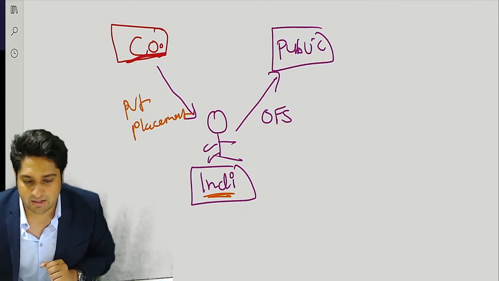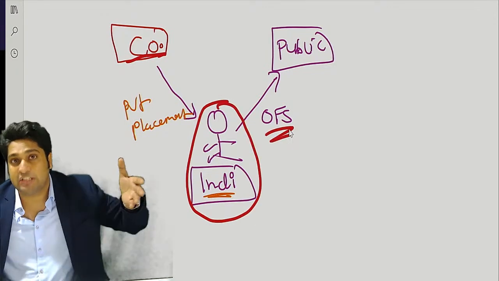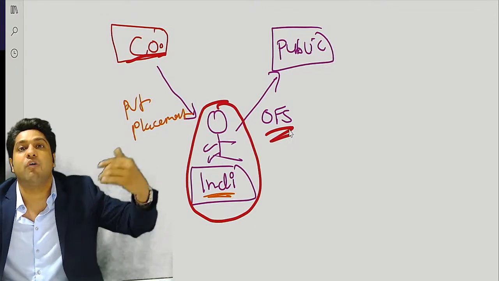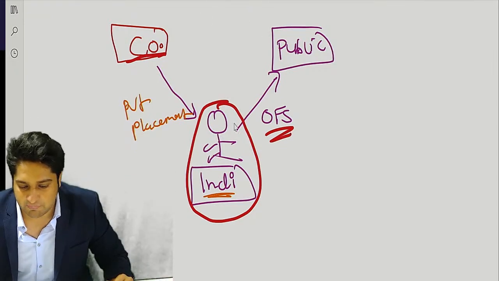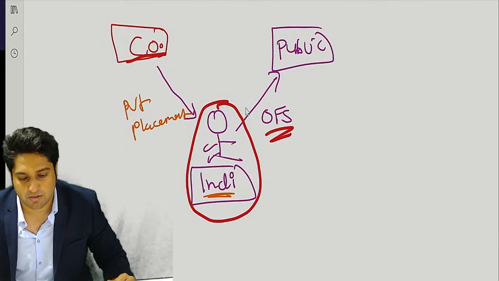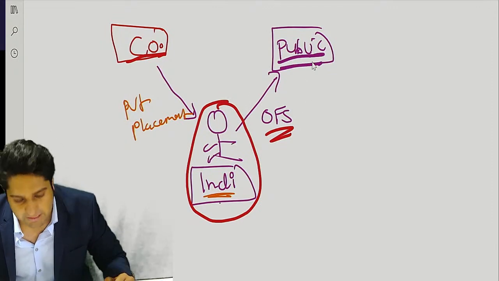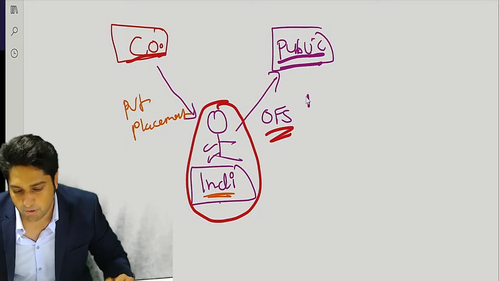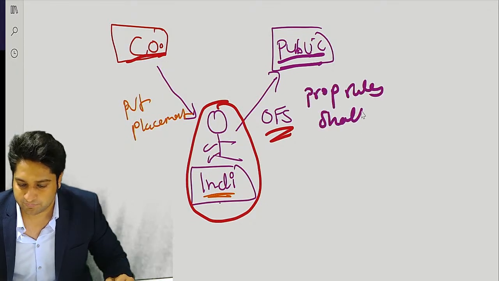Then this guy who got these shares is now becoming a big shareholder and he is offering his shares to the public. So what the law has said is that by this document by which he makes an offer for sale to public, here the prospectus rules shall apply.